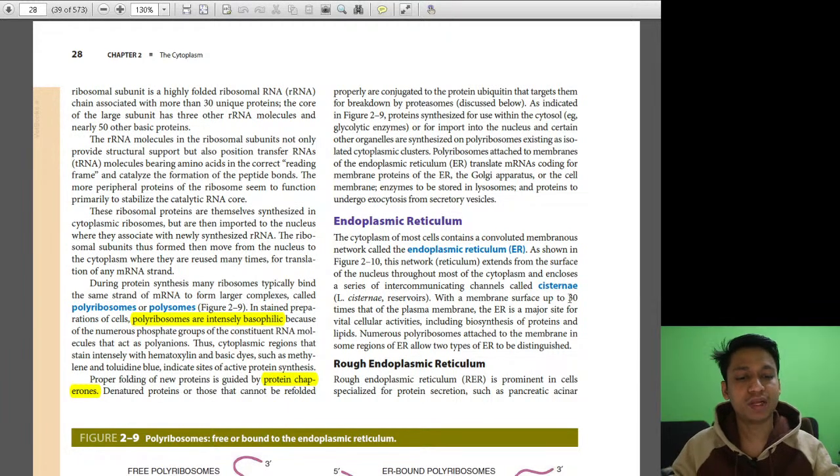With a membrane surface up to 30 times that of the plasma membrane, the endoplasmic reticulum is a major site for vital cellular activities, including biosynthesis of proteins and lipids. Numerous polyribosomes are attached. So the cisternae, the channels, are an important structural unit of the endoplasmic reticulum. Cisternae basically means reservoirs.